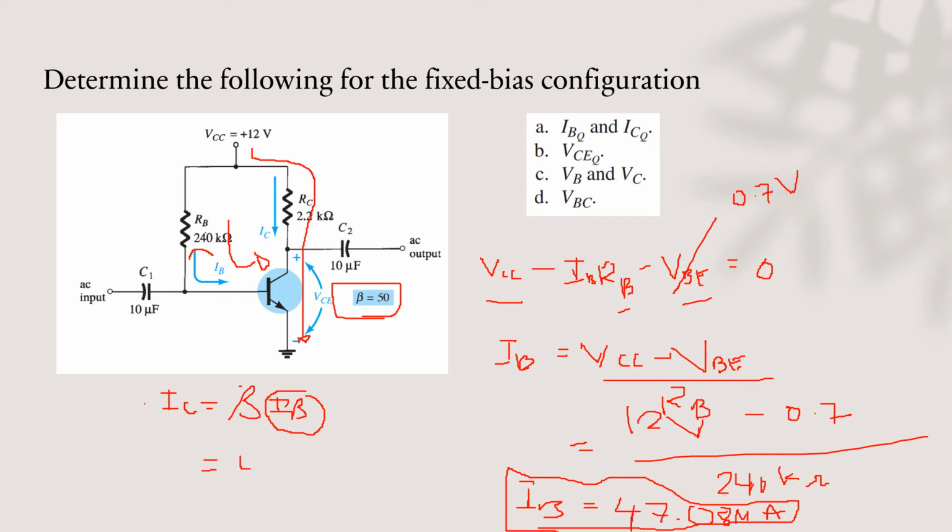So 50 times the value of IB, 47.08 microamperes, we will get 2.35 milliamperes. That will be the value for our IC.